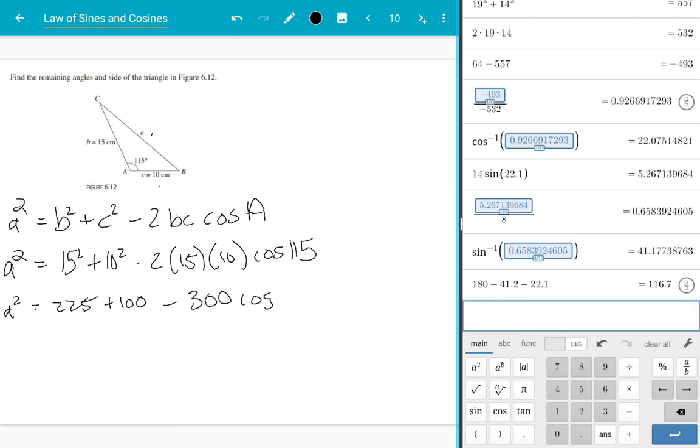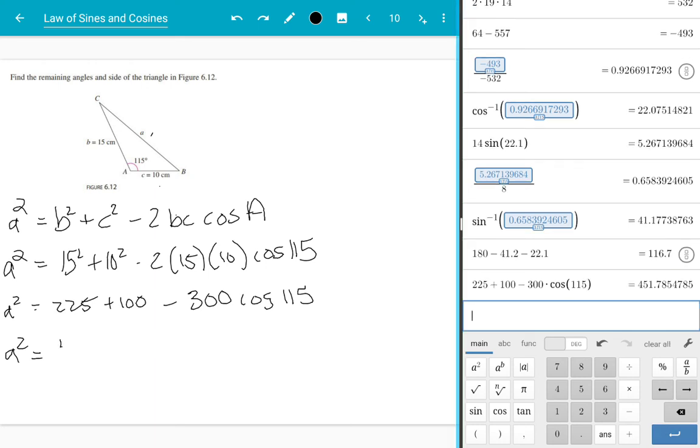Cosine of 115. Okay, so I'm not going to do the cosine of 115 just yet because I want to figure out what all this is equal to here. We're going to find that. All right, so we're going to get 225 plus 100 minus 300 times the cosine of 115.